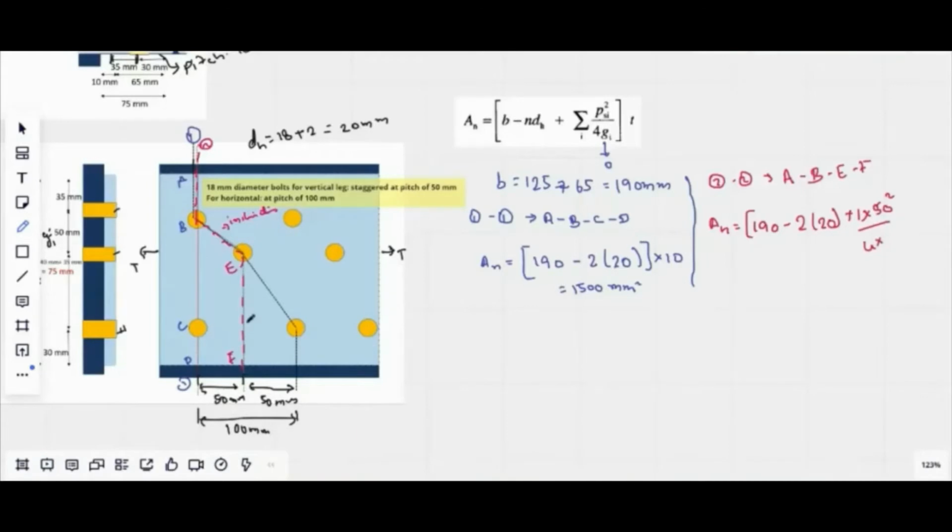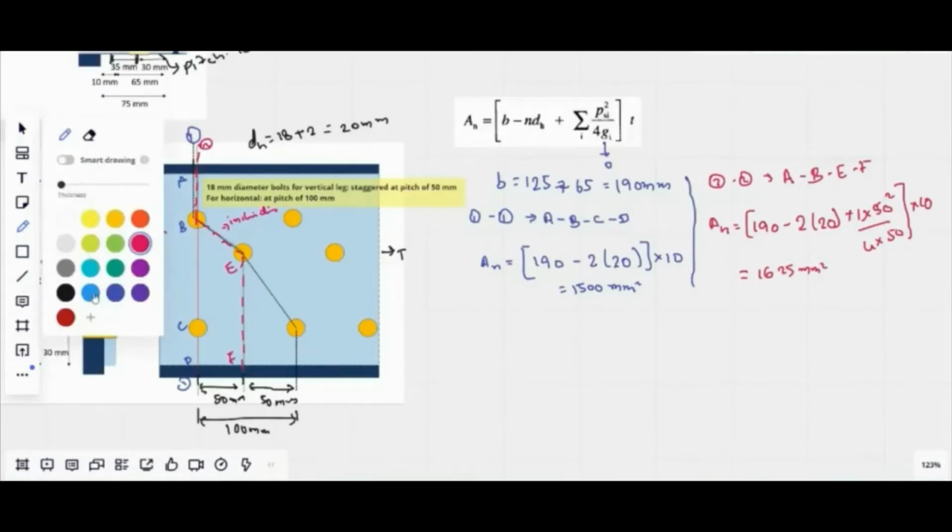The gauge distance here between the bolts will be about 50 mm. When we calculate the net area for the section, it can be seen that this value will be 1625 mm square. Sorry, I forgot to multiply with the thickness, which is 10 mm. So this is our case 2.